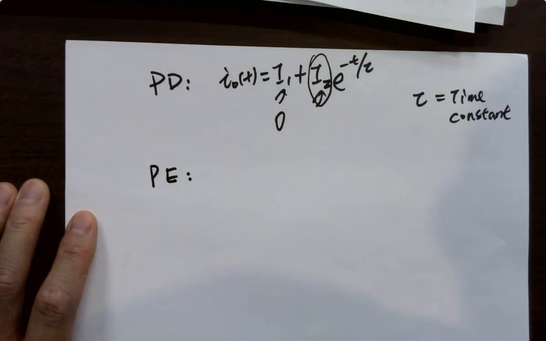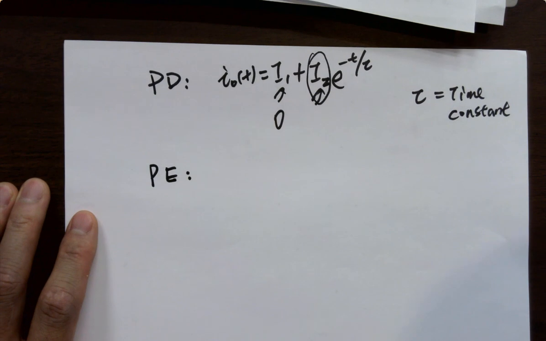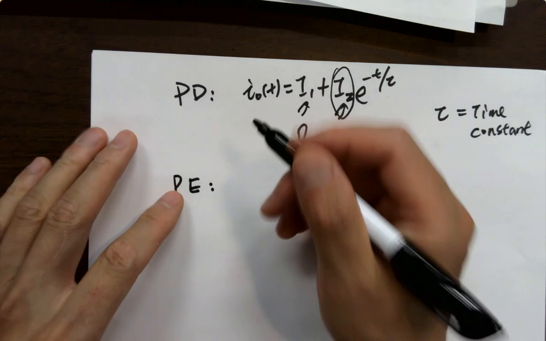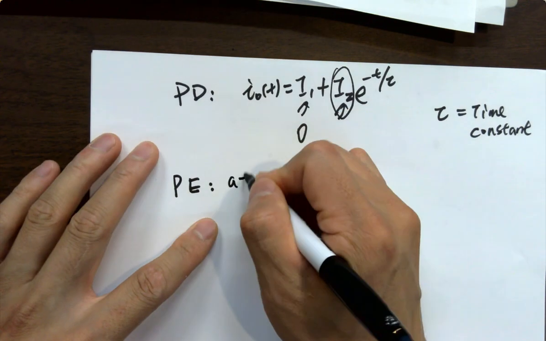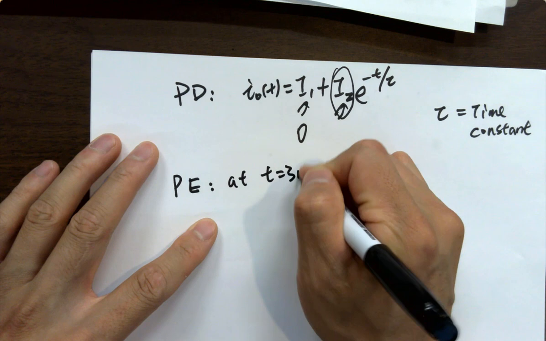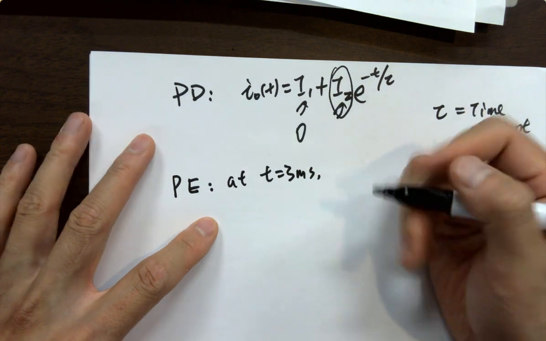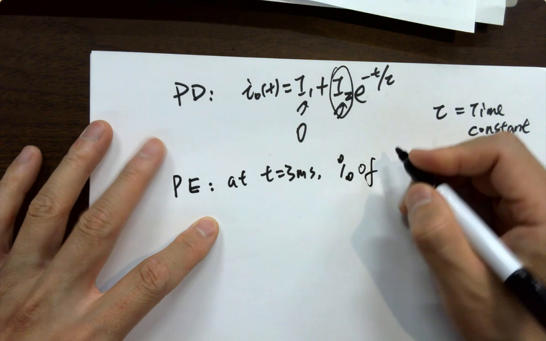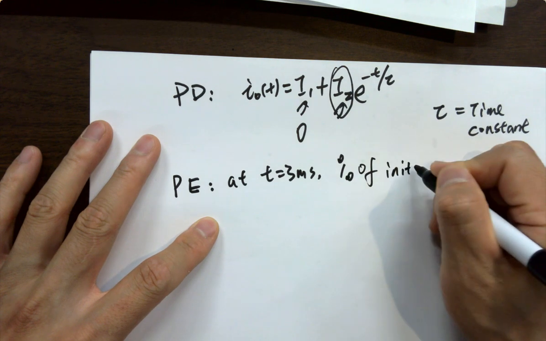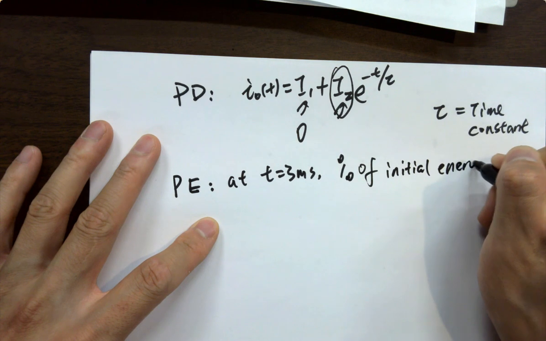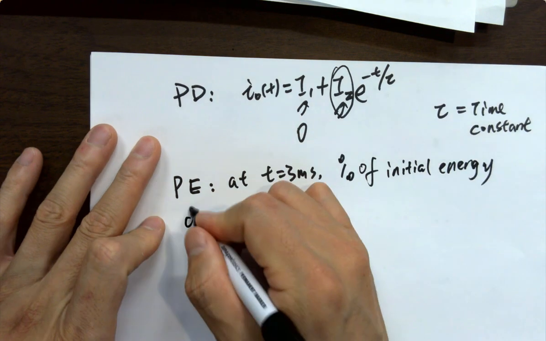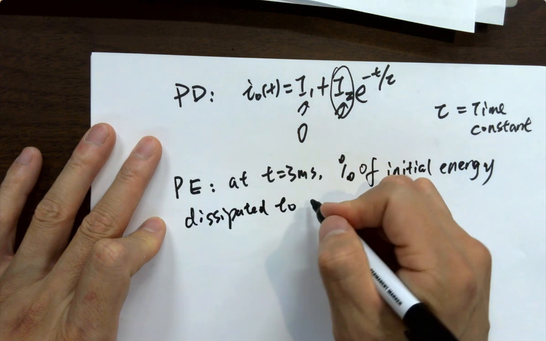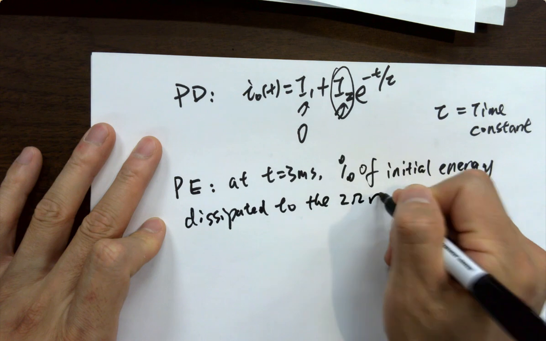Percentage of initial energy stored has been dissipated in the 2 ohm resistor 3 milliseconds after it opens. So which means at t equals 3 milliseconds, percentage of initial energy dissipated to the 2 ohm resistor.